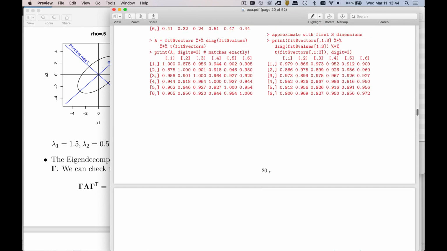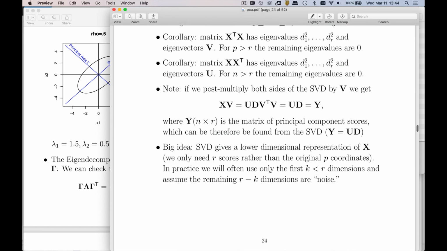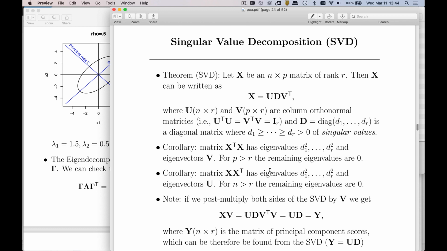Now I promised another decomposition. There's a closely related decomposition called the singular value decomposition. And the singular value decomposition works for non-square matrices. And of course, if it's non-square, it doesn't have to be symmetrical.